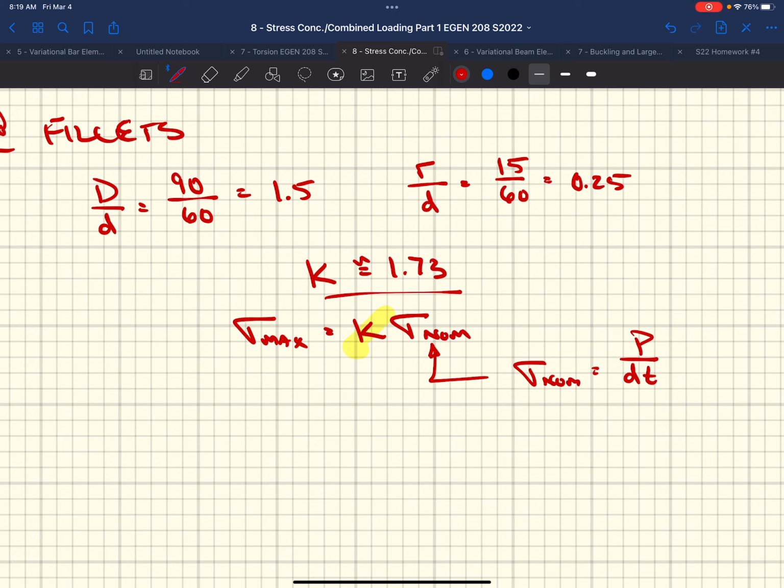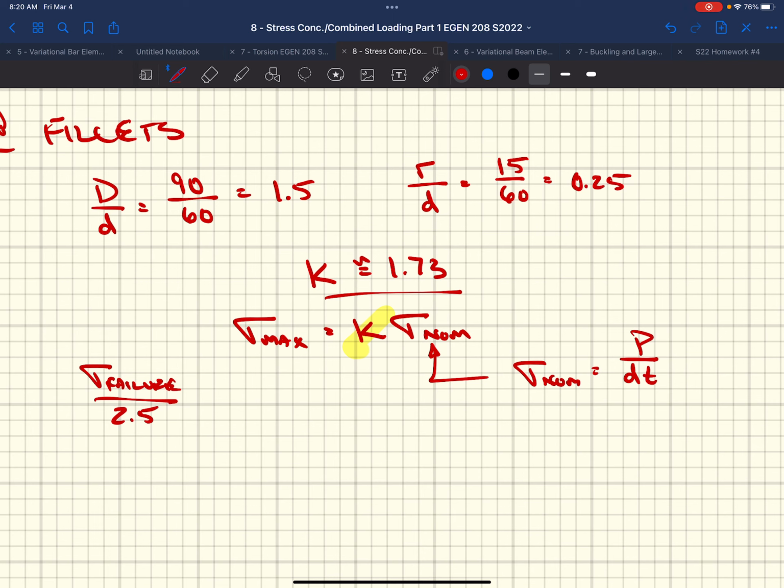Our max stress is the maximum stress we're going to see in our bar, and that's also what we would call our failure stress. In this case, they told us we had a factor of safety of 2.5. As we know, factor of safety is our failure stress divided by F sub S, which gives us our allowable stress.